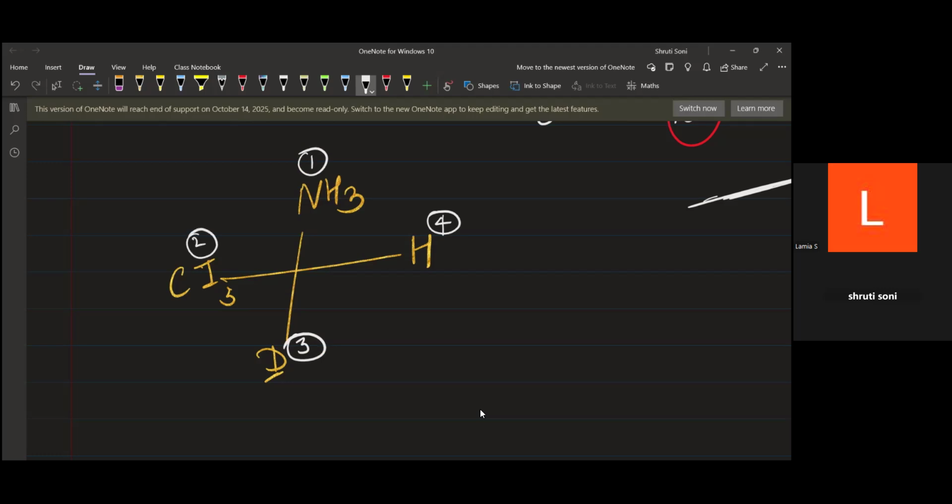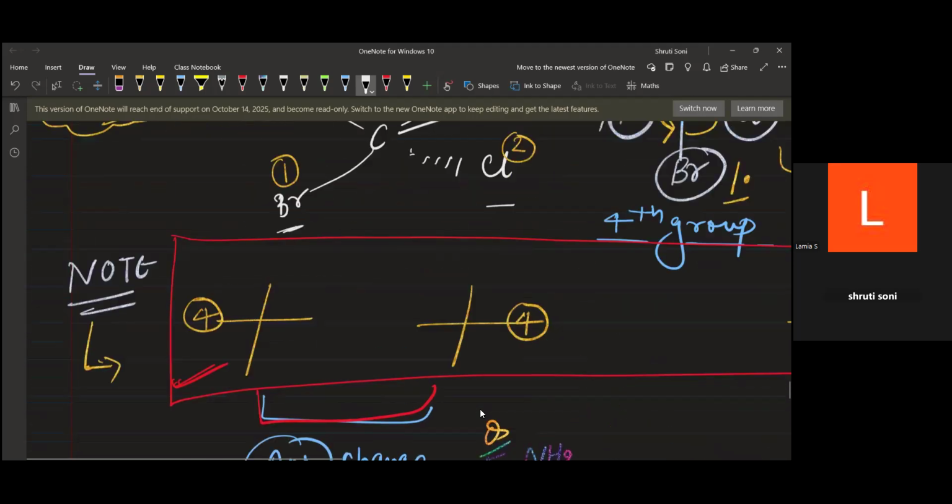Now represent the arrow like this. Clockwise or anti-clockwise? Anti-clockwise, right? Anti-clockwise means it is S. And the fourth group is on the right side. So do we need to change?